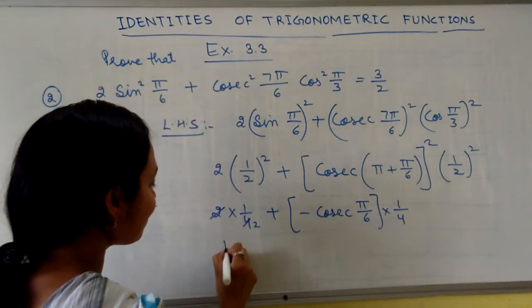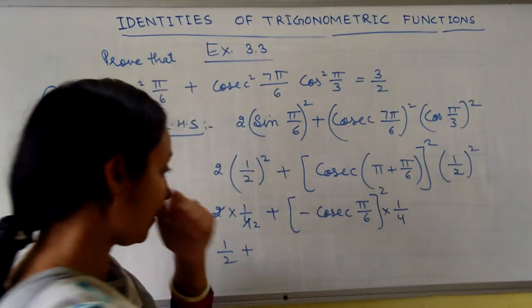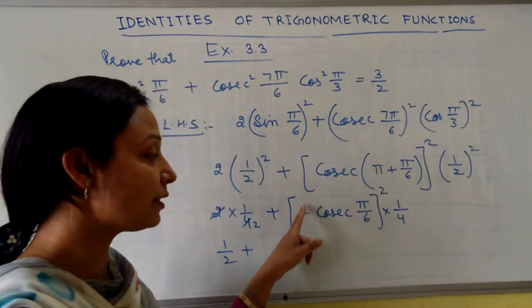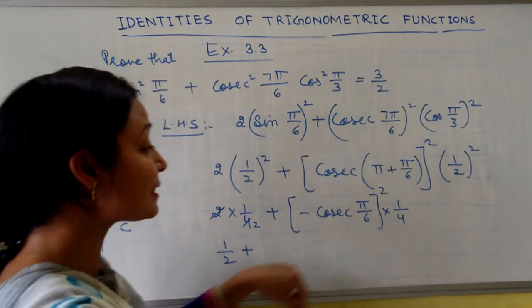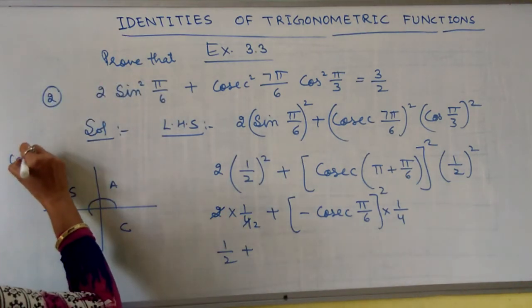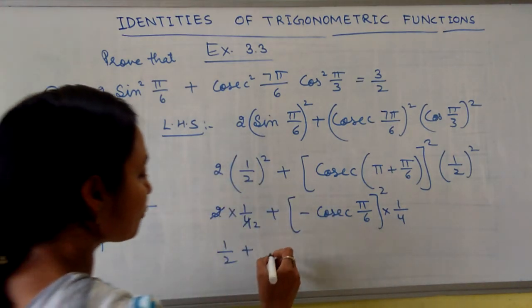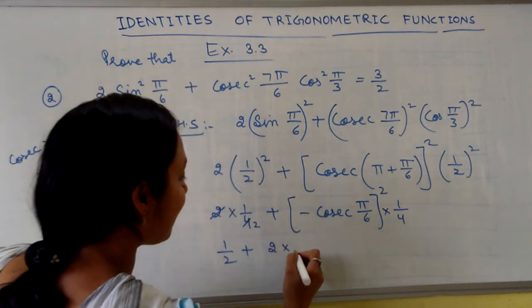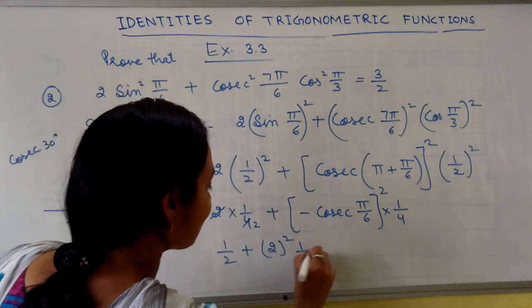2 into 1 by 4 is 1 by 2, plus the square. This square will convert it into a positive sign. Cosecant 30 degree is 2. So we have 2 squared, 4, into 1 by 4.